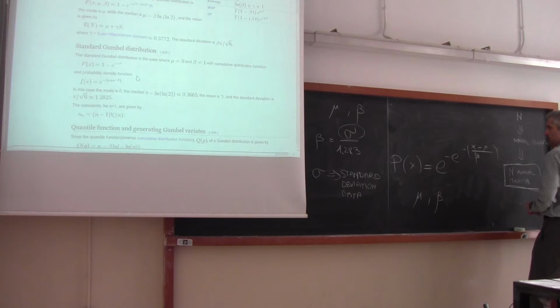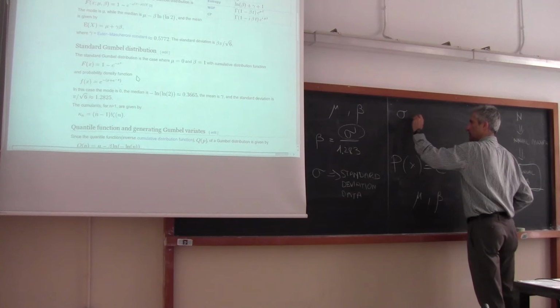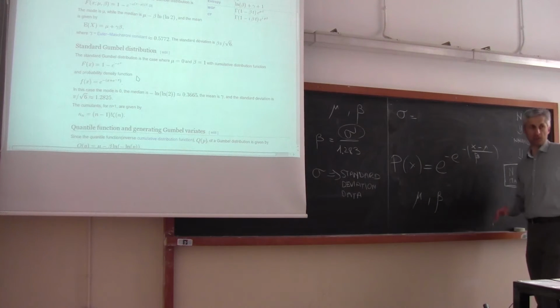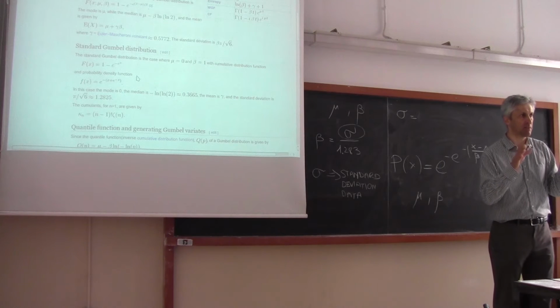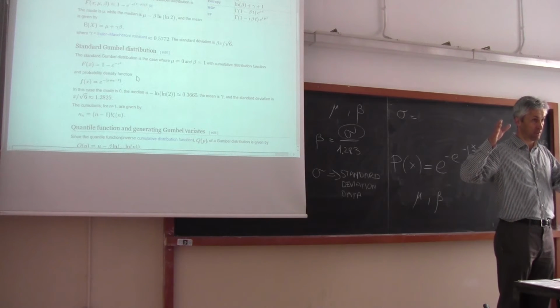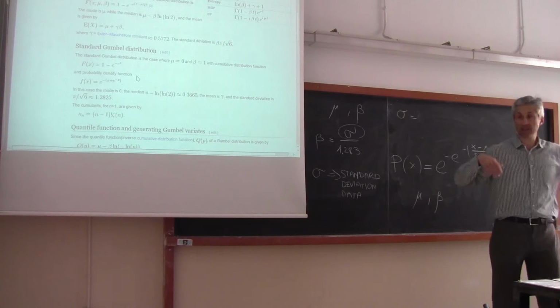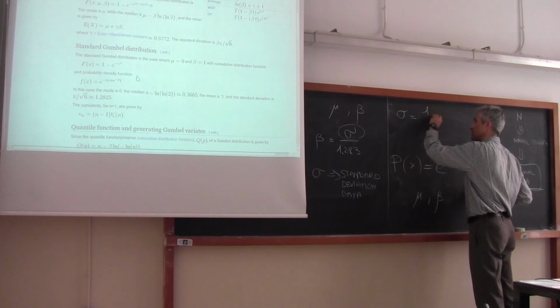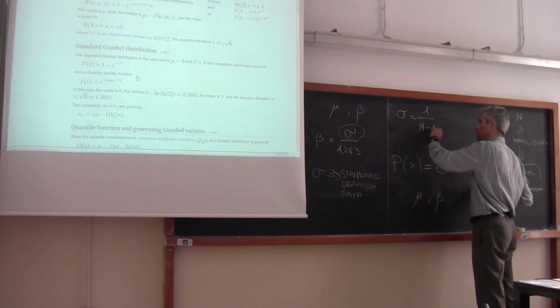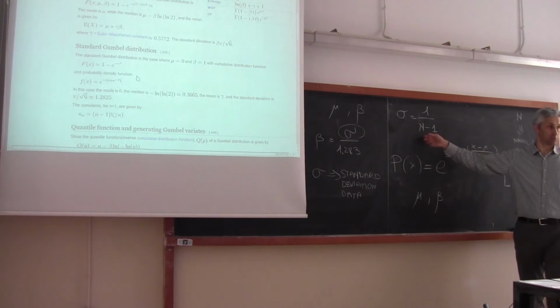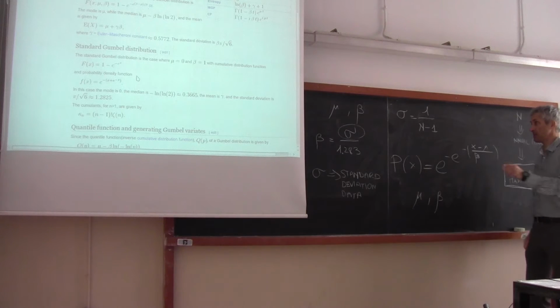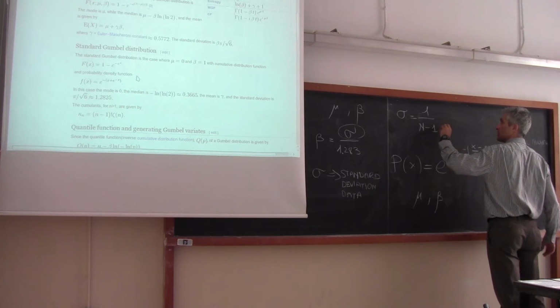What is the standard deviation? The standard deviation is basically an estimate of the variability of the data. The higher the variability, the higher the standard deviation. And it's estimated in this way, with this relationship. Suppose that you have capital N observations. You estimate the standard deviation in this way.